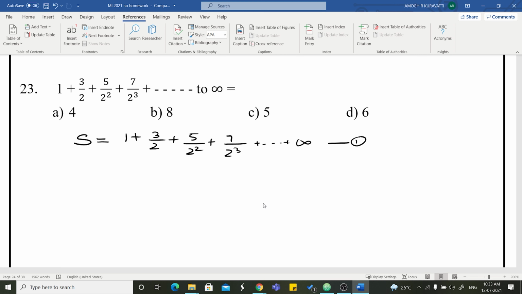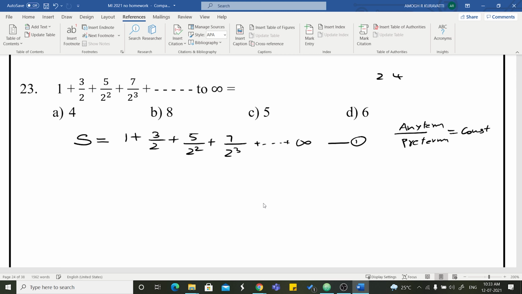Verify whether this series is in geometric progression. Geometric progression, the definition of GP, will come in the next topic. Just remember, any term divided by the previous term is always constant. That is known as geometric progression.